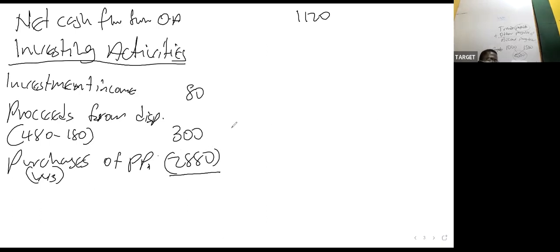80, 300, 380. When I take it off, 380 minus 2880 gives 2,500. So put it here. Yes, negative 2,500.